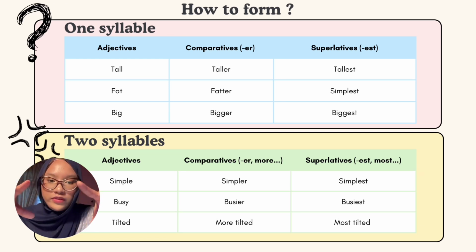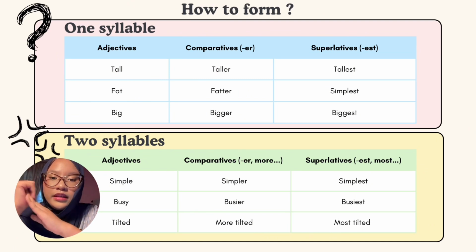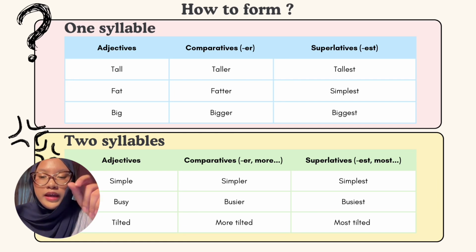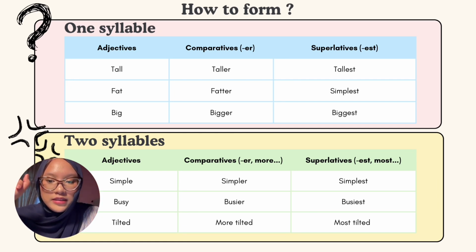And so on with the other examples: fat, fatter, fattest; big, bigger, biggest. But if you notice, when a word ends with a vowel plus consonant, we double the final consonant. For example, big becomes bigger, biggest. We double the G.